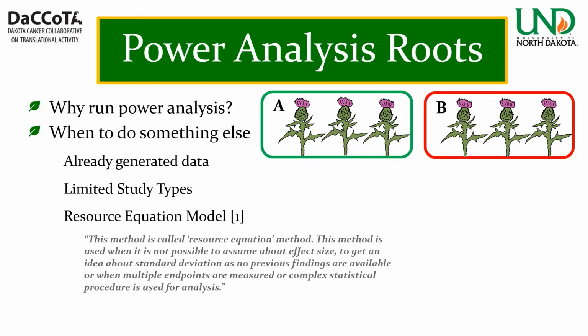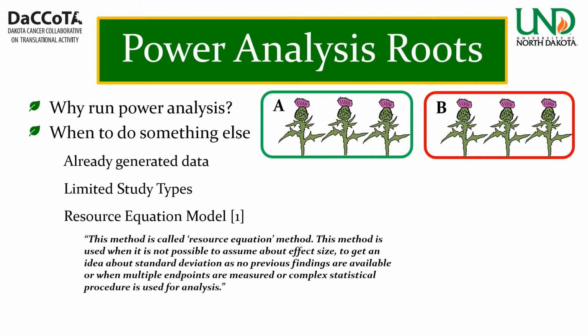The resource equation, this is pulling a quote from the paper, How to Get Sample Size for Animal Studies, talks about the resource equation. It's for when you can't assume anything about effect size or get an idea about standard deviation with no previous finding, or if you have a really complex design.